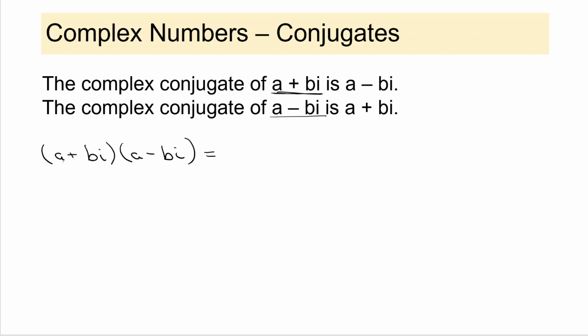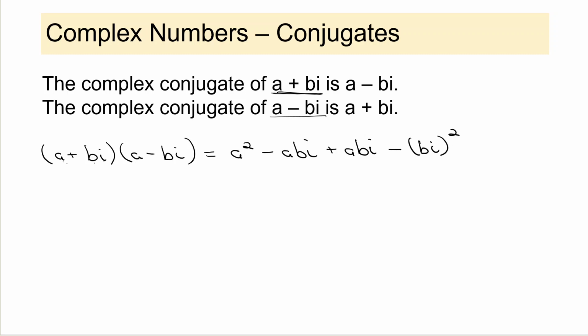So a times a is a squared. a times negative bi is minus abi. Then I've got bi times a, so I'm going to write that as plus abi. And then bi times negative bi, so that's going to be minus bi quantity squared.